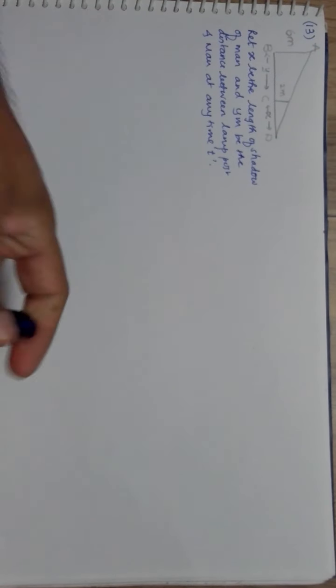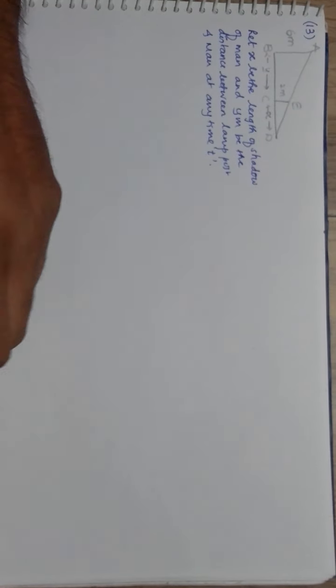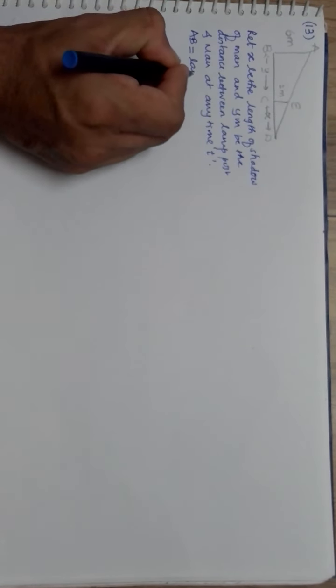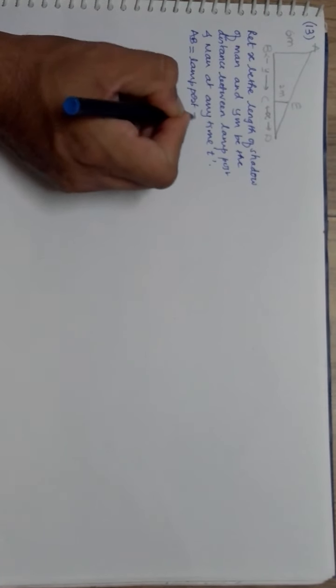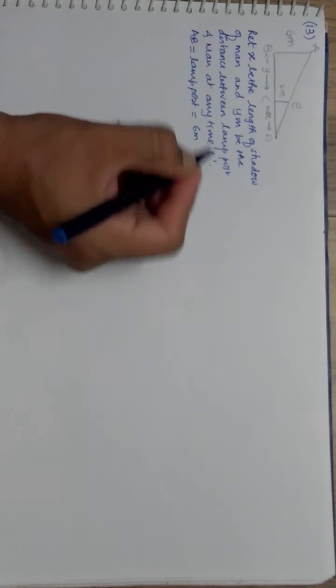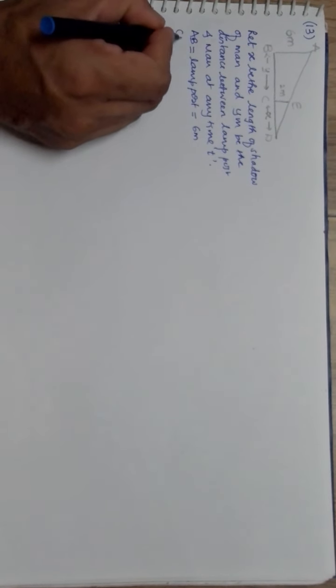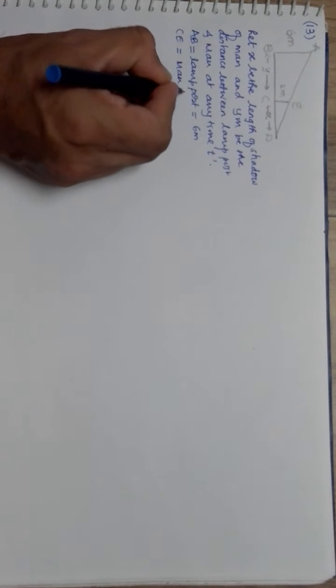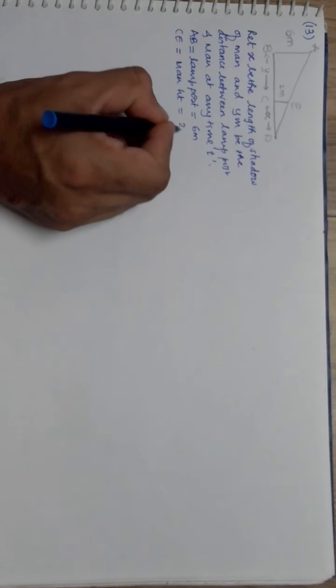You can also write like this: CD represents the shadow of man, and BC represents the distance between the man and the lamp post at any time t. Agreed? Now let me mention E here also. So here I have AB, which is the lamp post, which is of 6 meter. And then I have CE, which is the height of man, that is nothing but 2 meters.